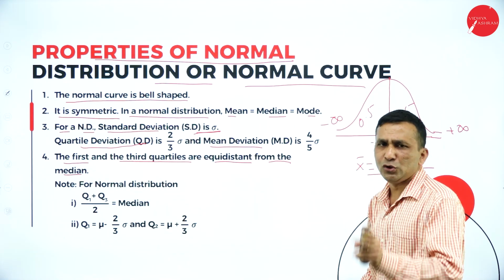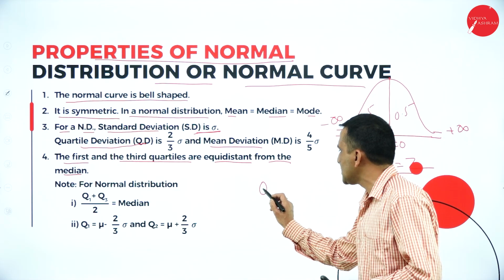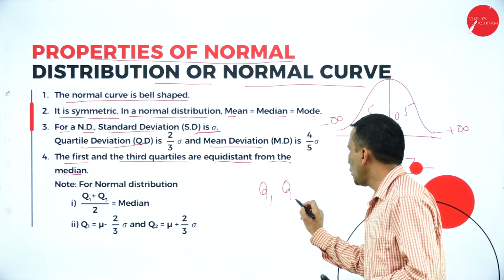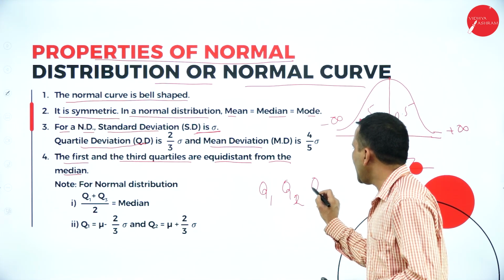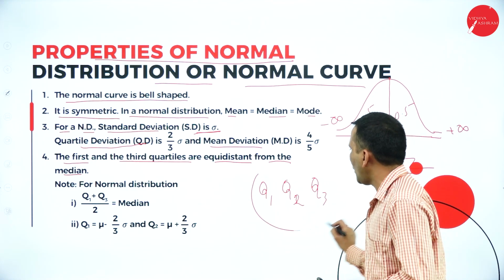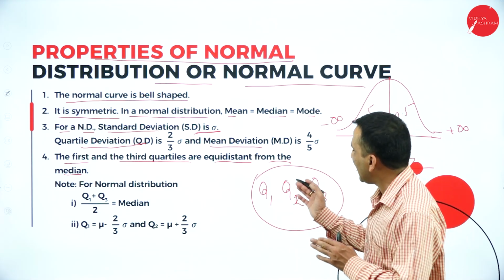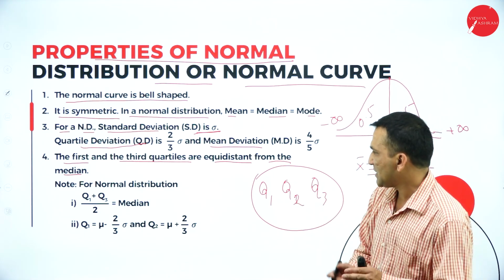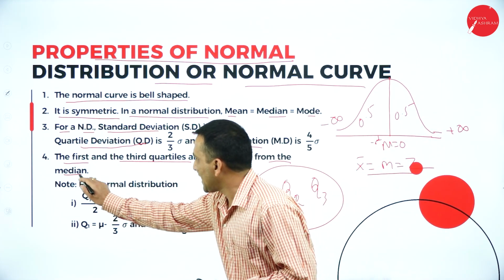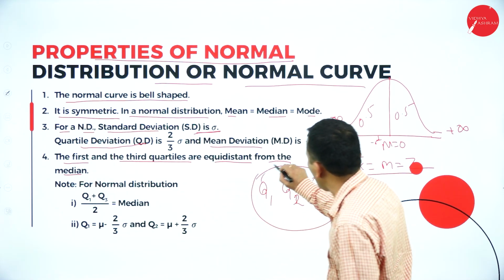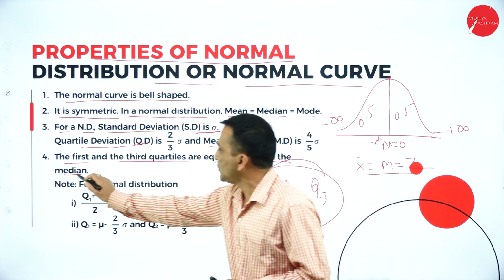There are three quartiles, Q1, Q2, and Q3. This is a quartile-related problem because we need to find the position, and for that reason quartiles are very suitable. In this case, Q3 and Q1 are equidistant from the median.